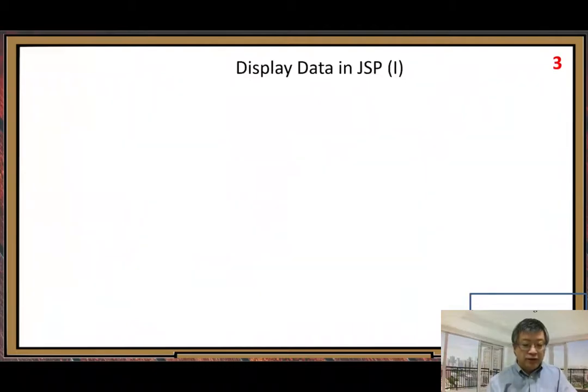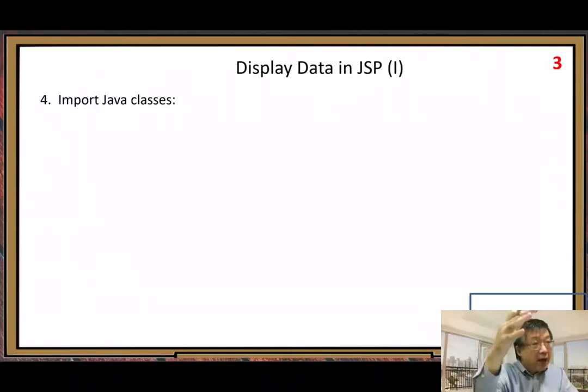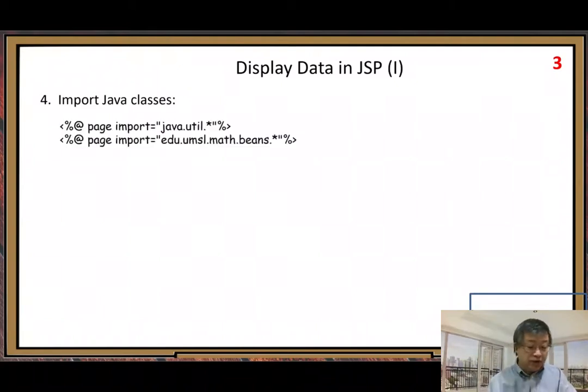Next, display part, display the data. I split it into two parts. The first part, in order to display the data, you need to import Java classes, because in our JSP pages, we may need to use many Java classes. To import them is very simple. We use this symbol. Remember this notation. We call it JSP directives.